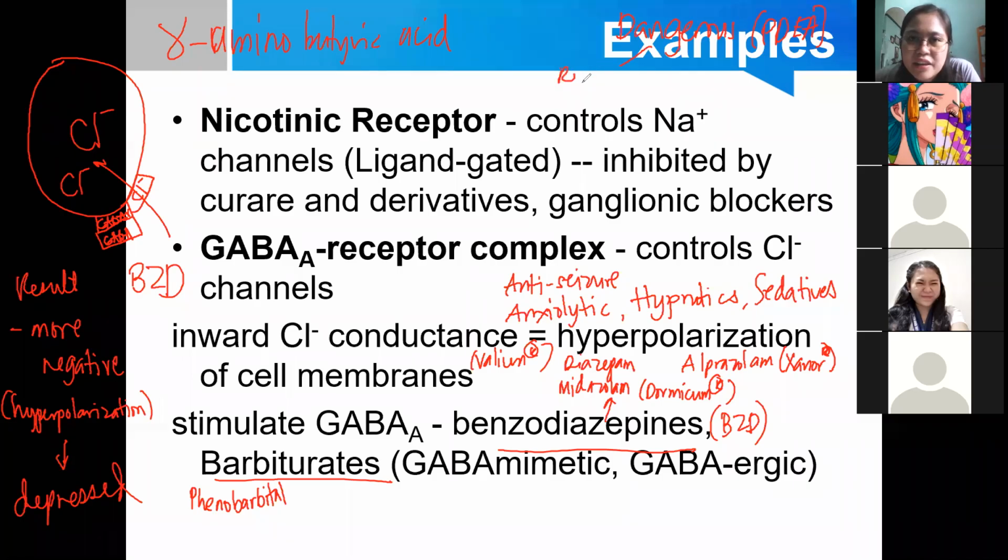We have the regulated drugs and we have the prohibited drugs. The regulated ones, for example, are benzodiazepines and barbiturates, and the prohibited ones are methamphetamine, cocaine, shabu. Those are the prohibited ones.